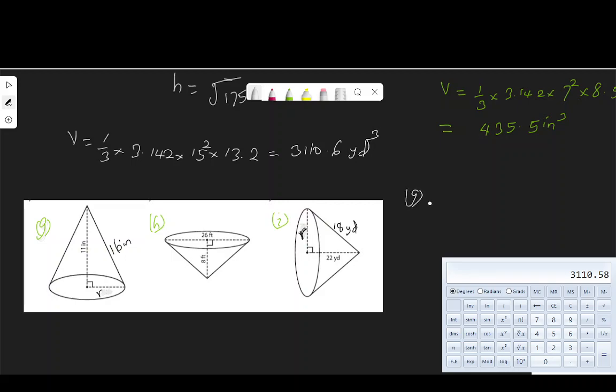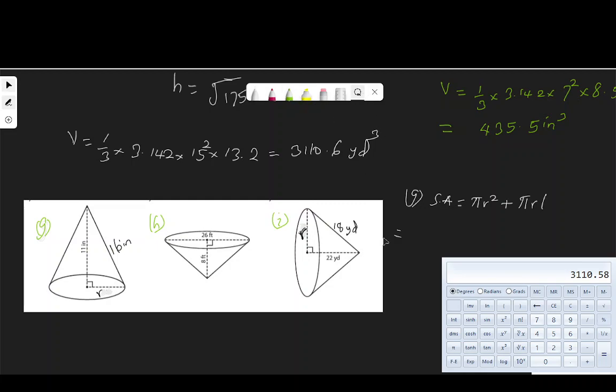G, surface area is pi r squared plus pi r l. Okay, there the radius is not given, so let's calculate that first.